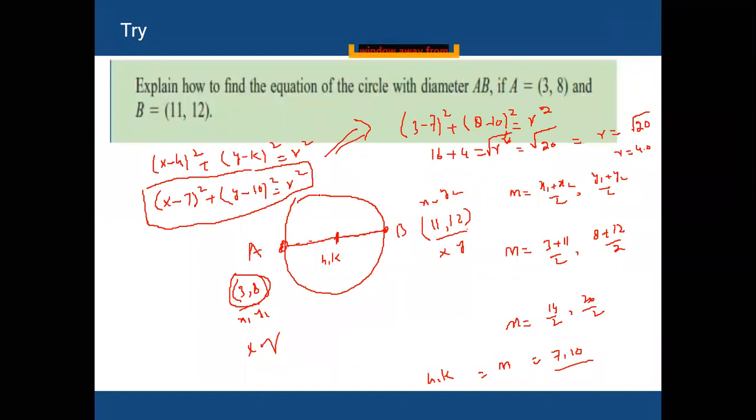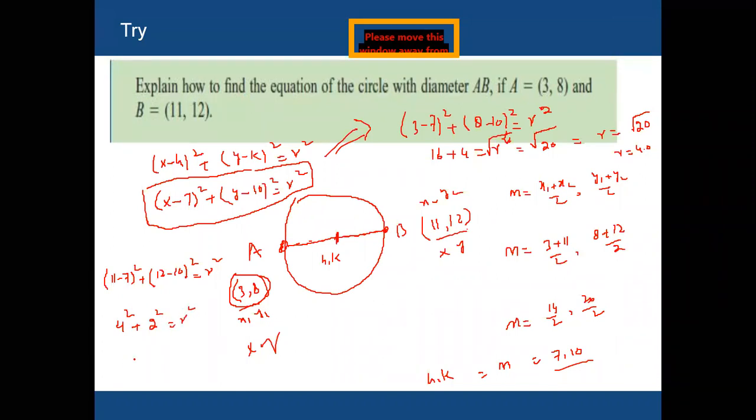Similarly, you can put in the values 11 and 12. If you replace them, we have 11 minus 7 whole square plus 12 minus 10 whole square equal to r square. 11 minus 7 is 4, so 4 square plus 12 minus 10, which is 2 square, equals r square.